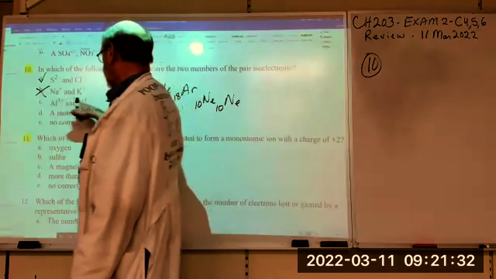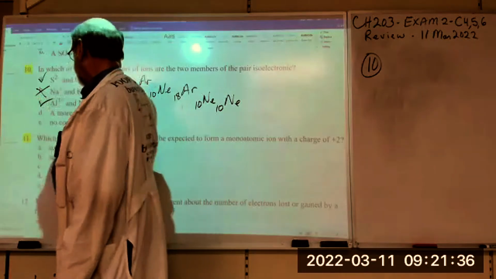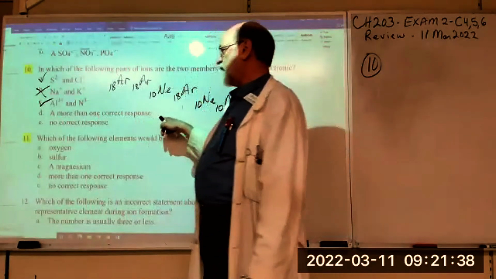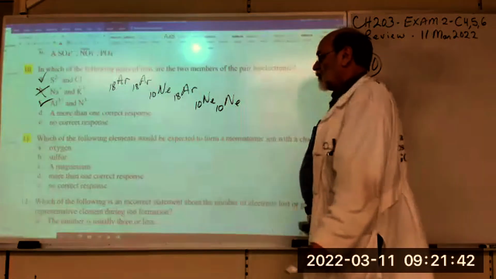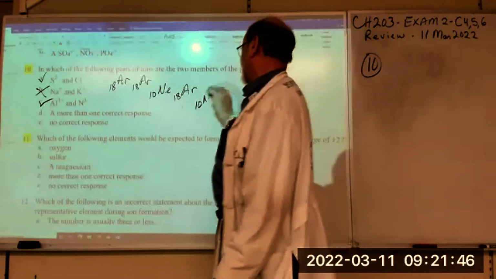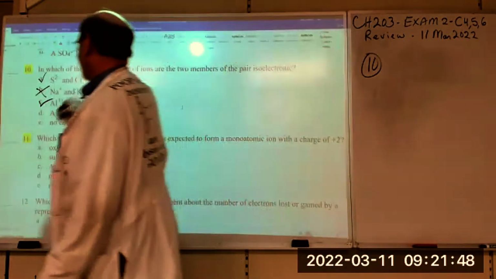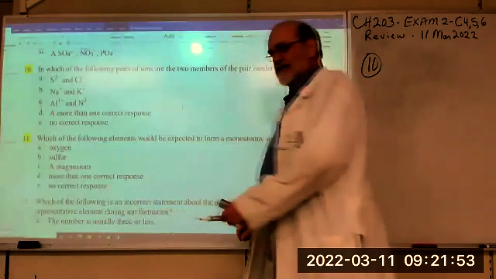So these both look like the same noble gas, so you have more than one correct response. Okay? You thought we were going to have to sit down and draw out the electronic configurations, didn't you? Even chemists like to take the easy route.